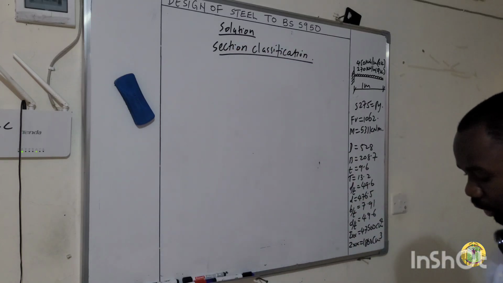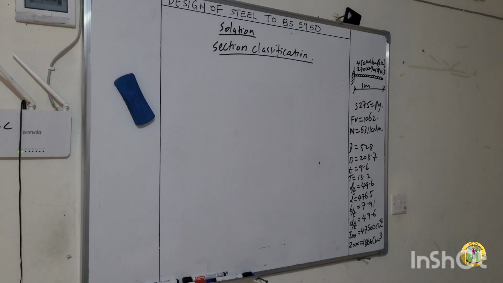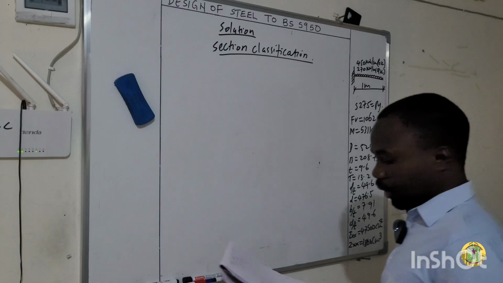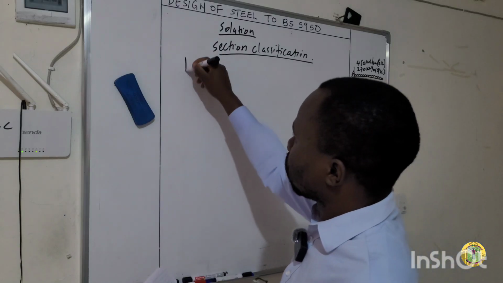Again, for you to classify whether a web or the flange is plastic, compact, or semi-compact, you also need this table. In your exam, don't draw this table.